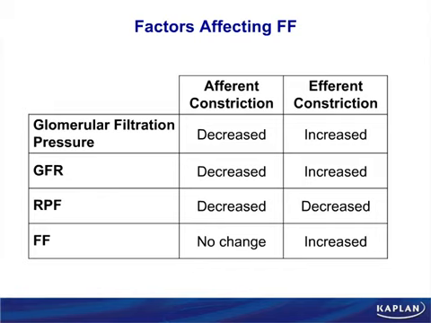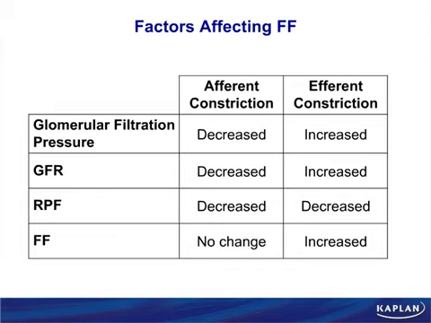So renal plasma flow at 600 milliliters is the volume of plasma that's entering the kidneys every minute. When you vasoconstrict the efferent arterioles, you increase the filtration fraction. So now, instead of filtering 120 milliliters, you are now filtering, let's say, for example, 200 milliliters. You just increased the volume of plasma that you're filtering. That's what increasing filtration fraction means.